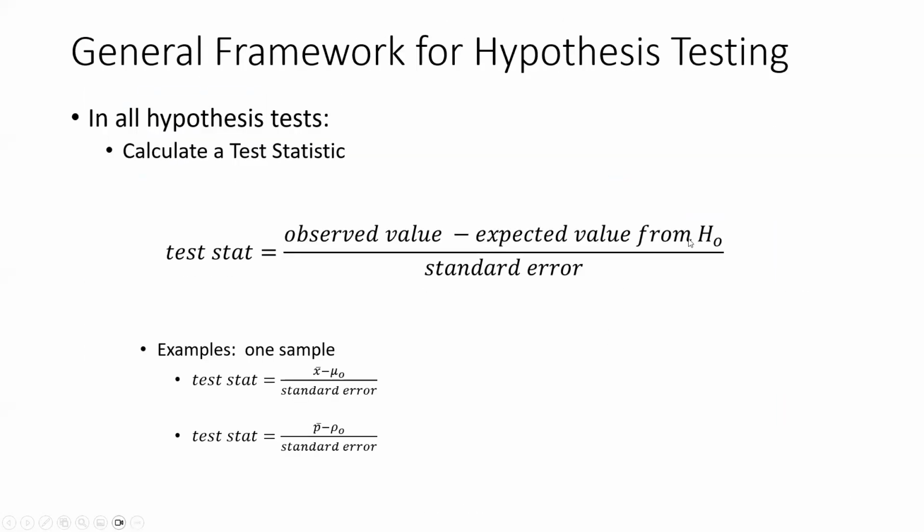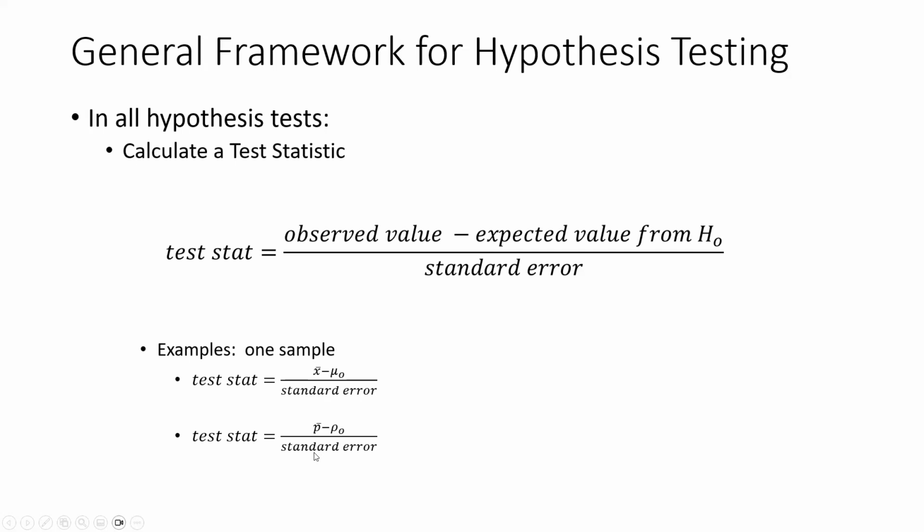So that value comes from the null. This is what we are used to seeing. This is the single mean test. Actually this is the same structure for the single mean z-test or the t-test. We have the sample mean minus the mu naught, and we divide by the standard error.